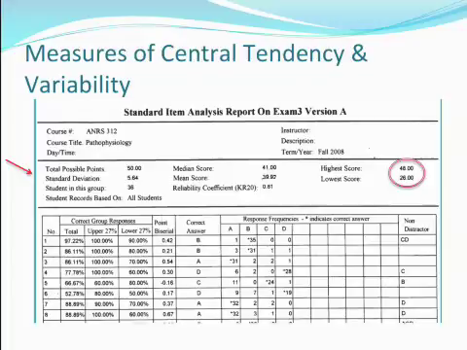A small range indicates a very concentrated distribution of scores, and a large range means that the scores are spread out and that some students may not have done well on the exam. In this example, the range is the highest score of 48.00 minus the lowest score, 26.00, which gives us an actual range of 22.